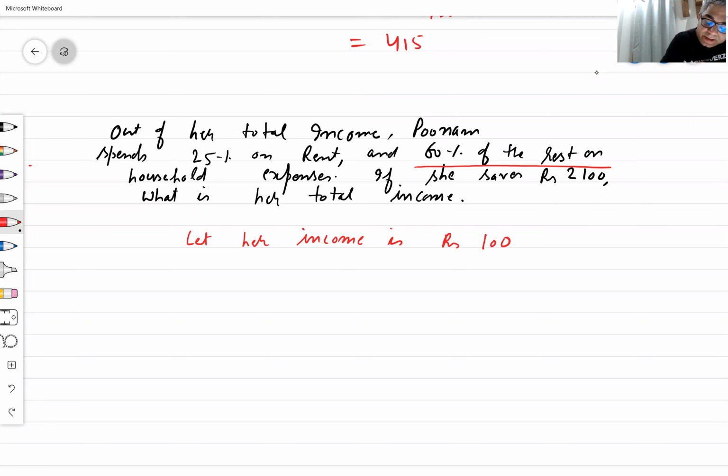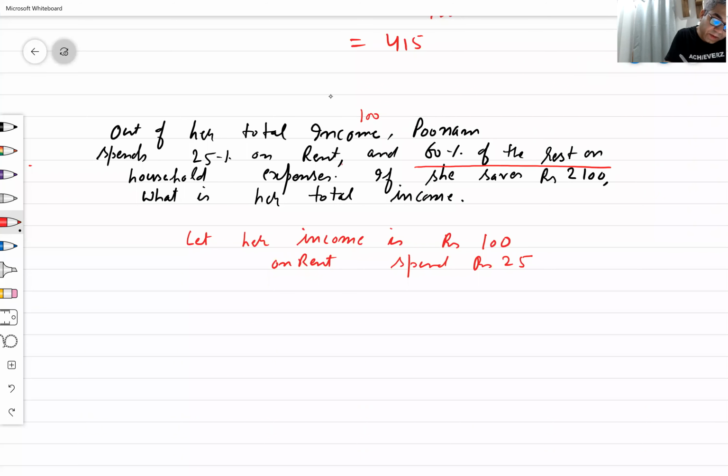We will calculate everything on 100, then we'll make it the complete picture. So out of her total income, which is 100 now, she spends 25% on rent. That means on rent, she spent rupees 25, because 25% of 100 is 25.